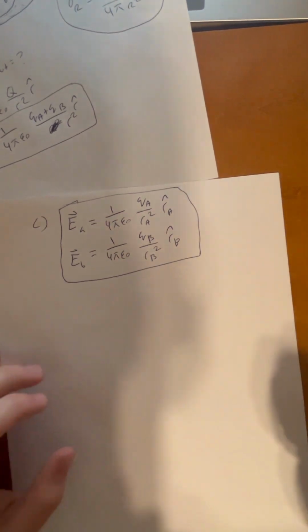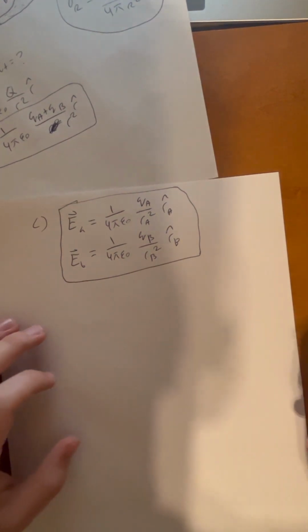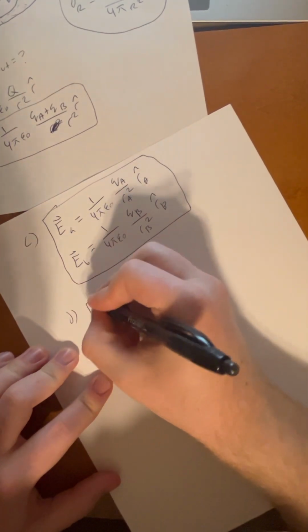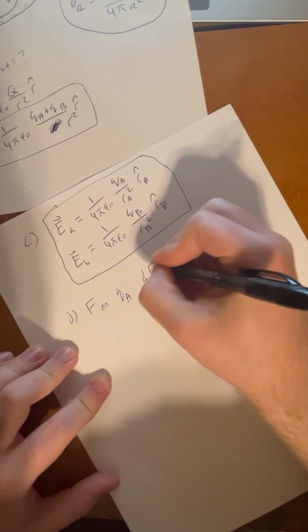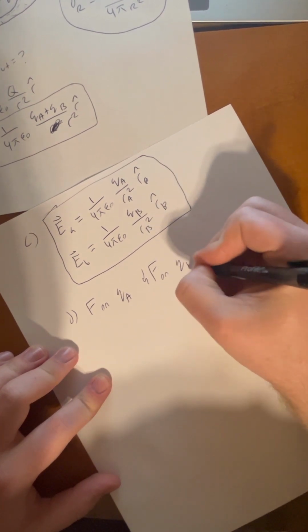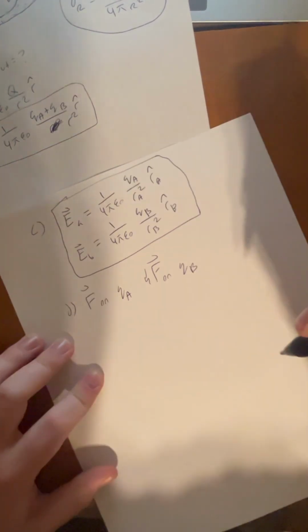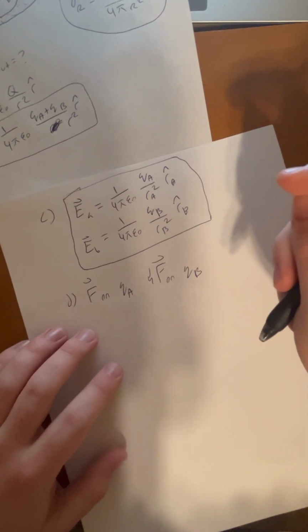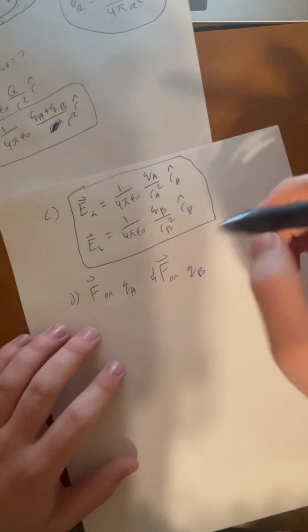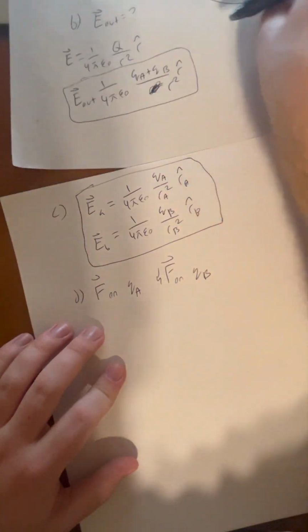All right, now for part D, we're asked to find what are the forces on QA and QB. So the force comes from the interaction between the electric field and the charge.